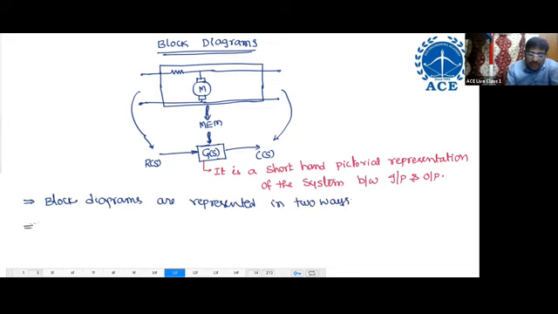First one is open loop form, second one is closed loop form.